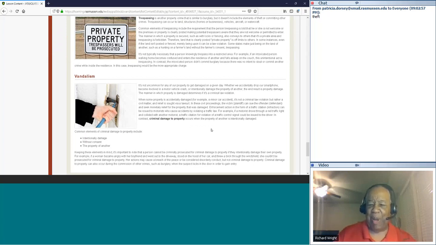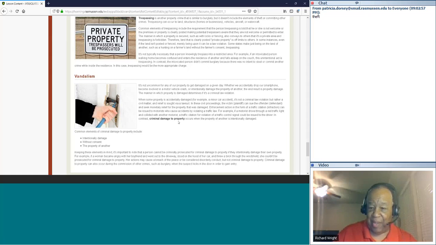The end result is property damage. But the manner in which the property is damaged determines if it's a criminal law violation. Just remember, if it's intentional, that's the key. That's the key.